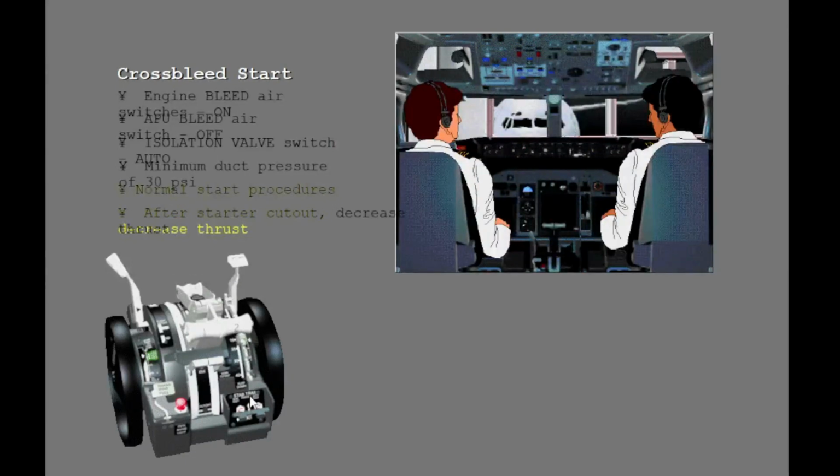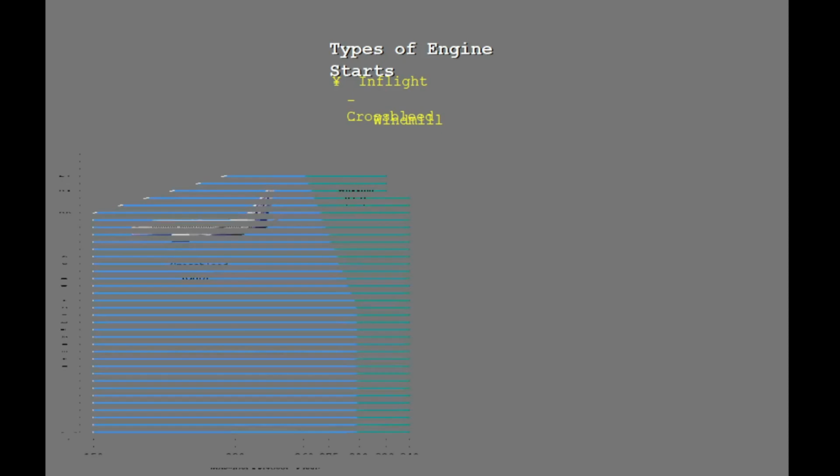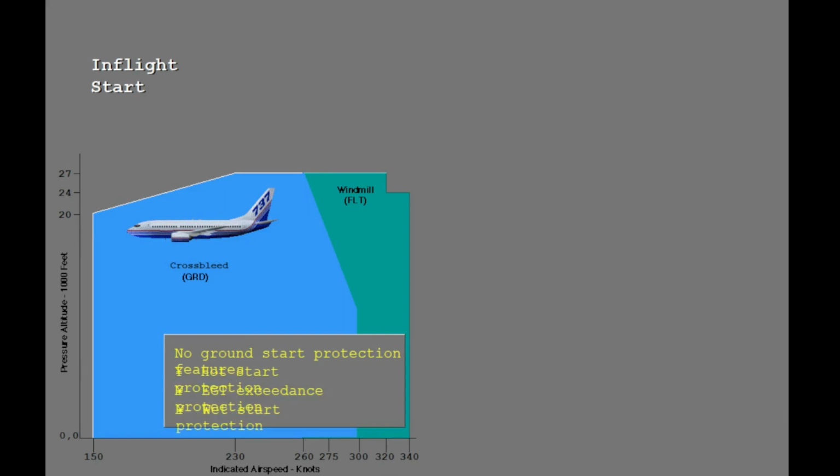Now, let's look at in-flight engine starts. There are two procedures used for an in-flight engine start: cross-bleed and windmill. The airplane's altitude and airspeed must be checked to find the correct procedure to use. The ground start protections are not available for in-flight starts.